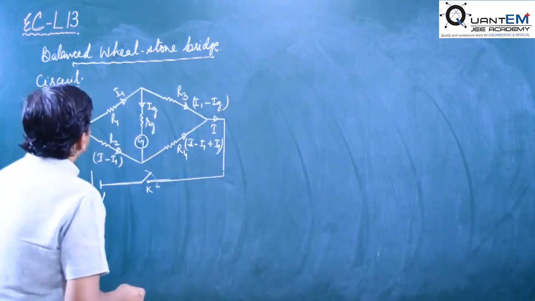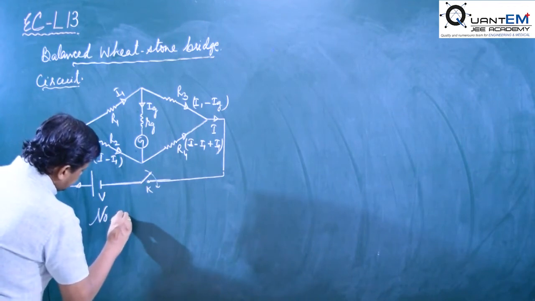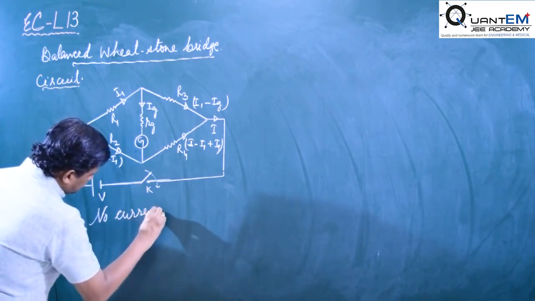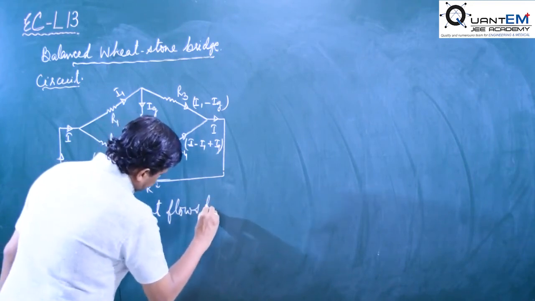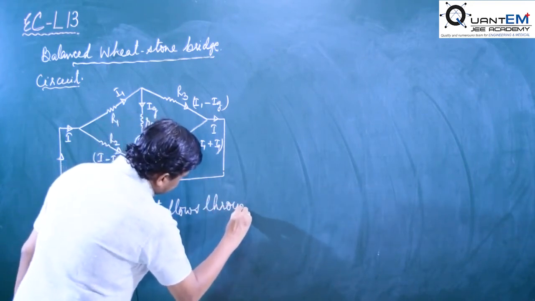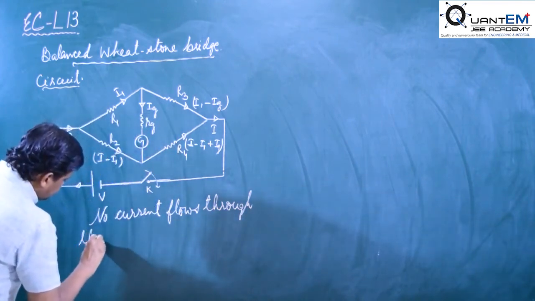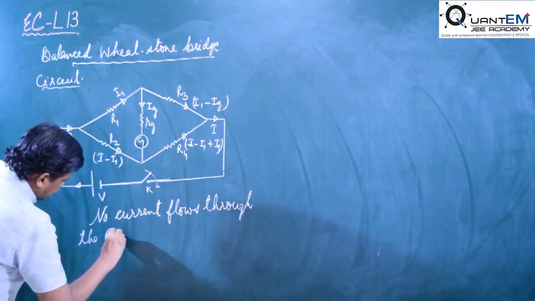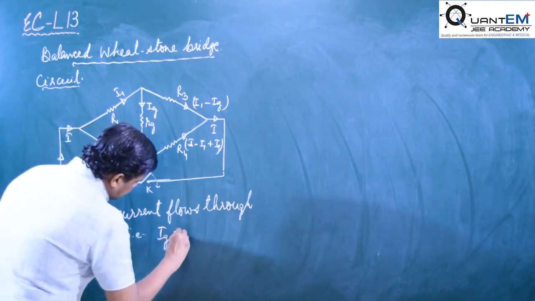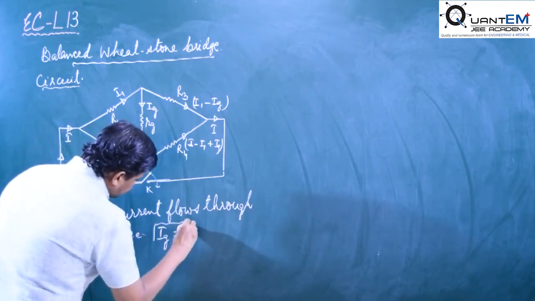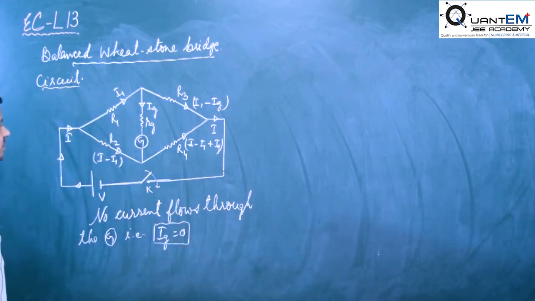So in case of balanced bridge, no current flows through the galvanometer, that is Ig is equal to 0. Across the galvanometer, what will we have as current? It will be 0.